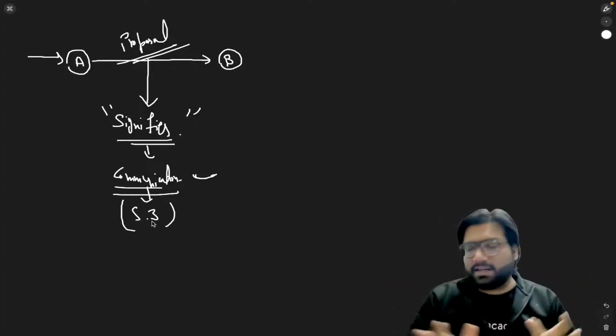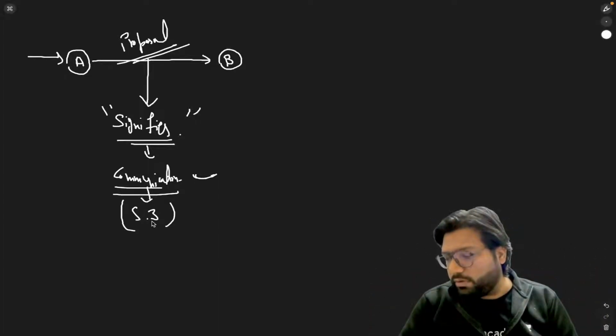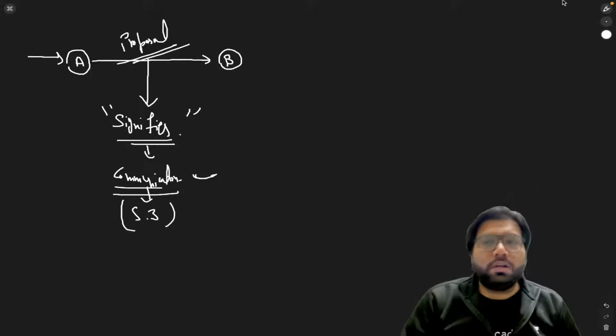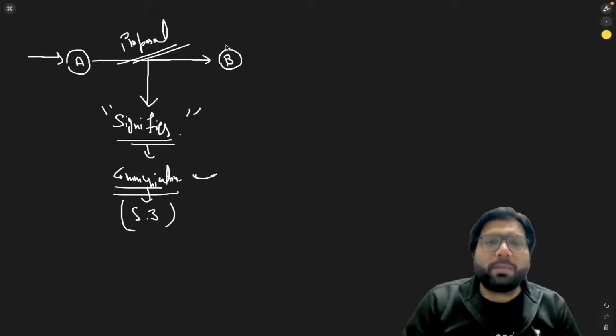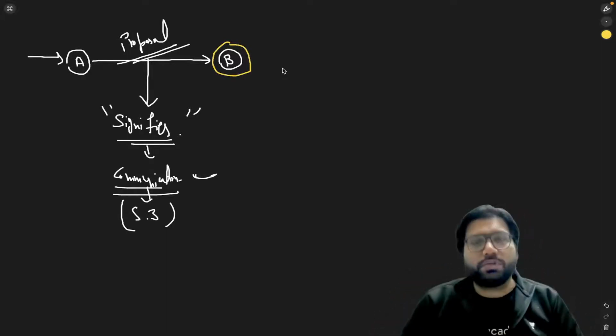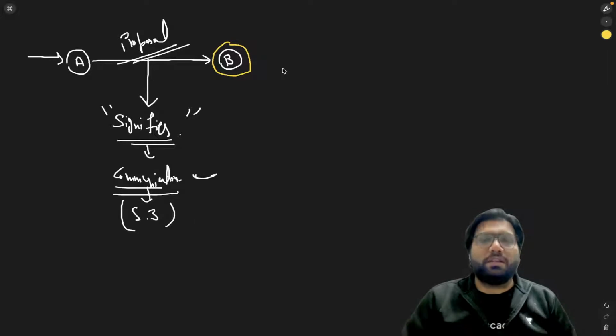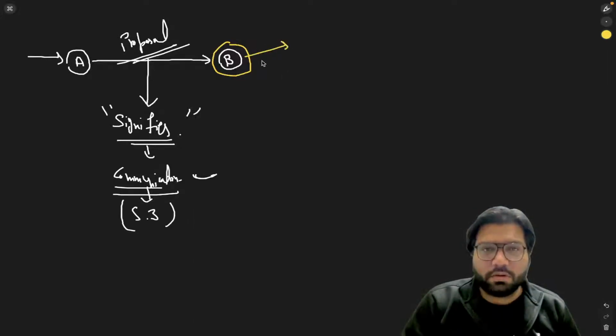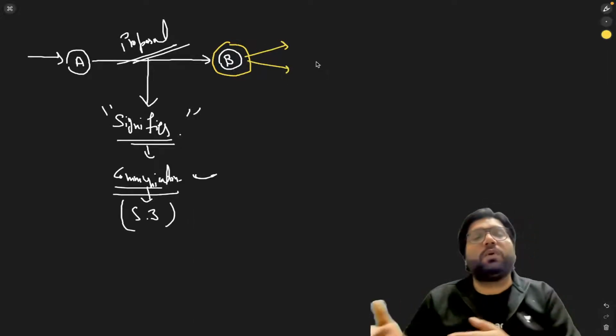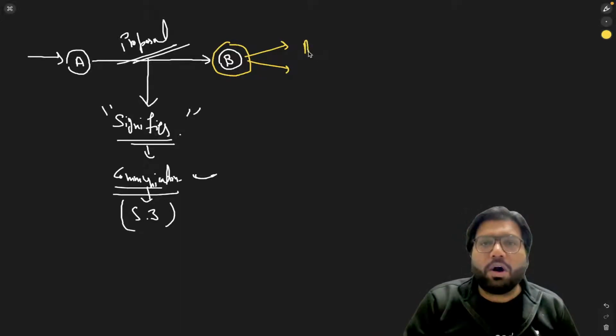I have just started the introduction of section number 4. Now I'm jumping to the next question. What about B? The moment Mr. B got the proposal, what does he need to do? He has two options: either to accept or to reject.